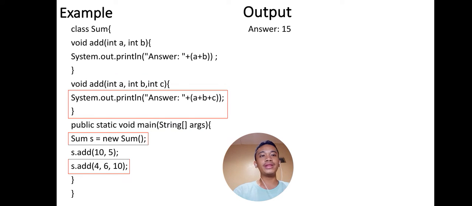So it will print answer 20 because again we have three values in our parameter here, and it will transfer to our method one by one. So 4 will be transferred to A, 6 to B, and 10 to C. So A plus B plus C is equal to 20. And that ends our method overloading.